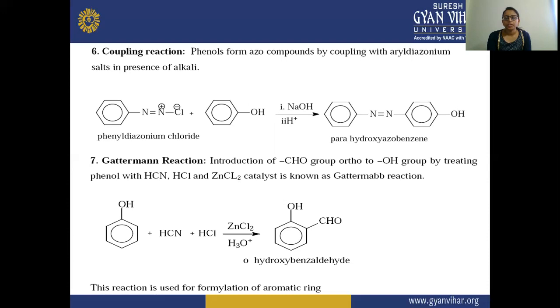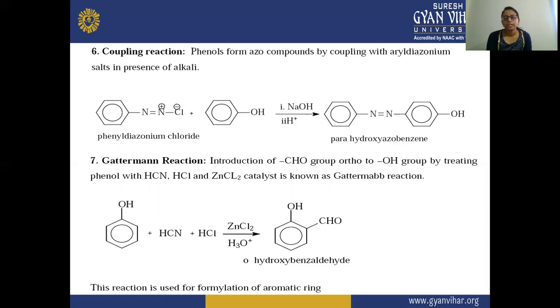In your Gattermann reaction, there is introduction of the CHO group to the ortho position of this OH group, by treating it with HCN, HCl, and zinc chloride. Zinc chloride is acting as a catalyst. So this reaction is known as the Gattermann reaction.